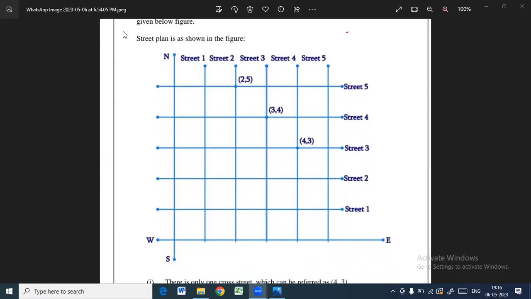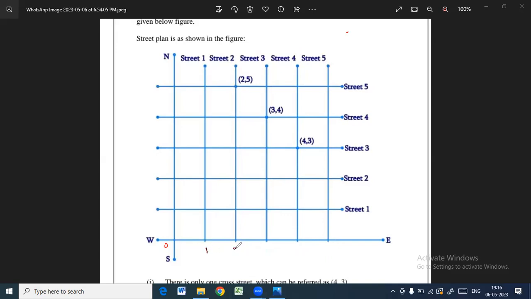Distance is given. This is 0. Each one is a distance of 200 meters: 200, 400, 600, 800, 1000. But it takes only 1 centimeter. So 200 will take 1, 400 take 2, 600 take 3, 800 take 4, 1000 will take 5.